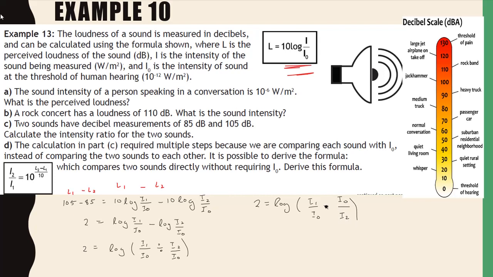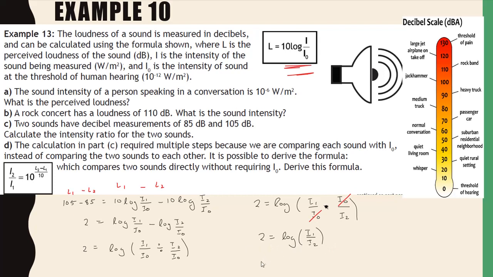Now what's nice about this, because this I0 is a constant in our case, they're the exact same, we can cancel those out. So we're left with 2 equals log and then I1 over I2. Then we can turn this into an exponential equation.